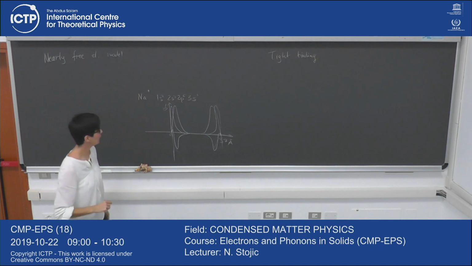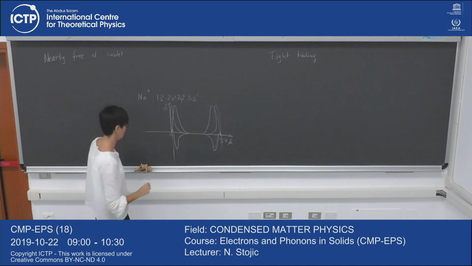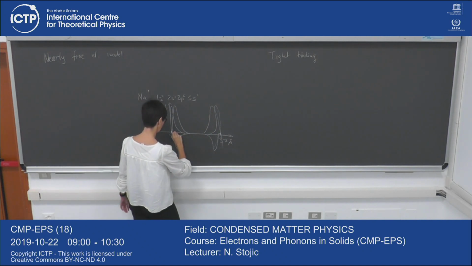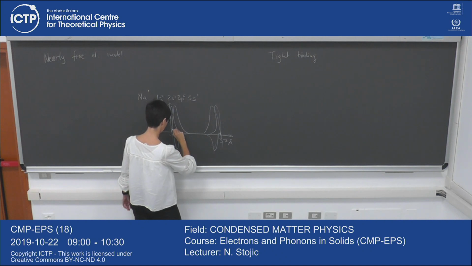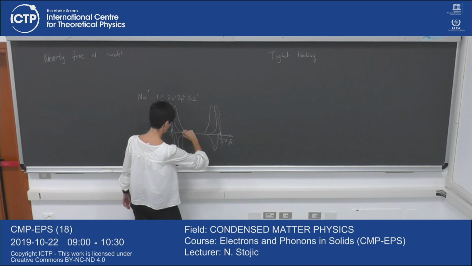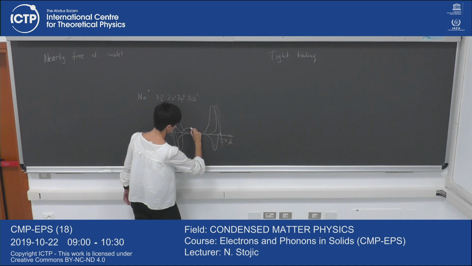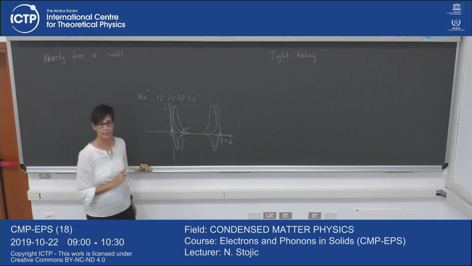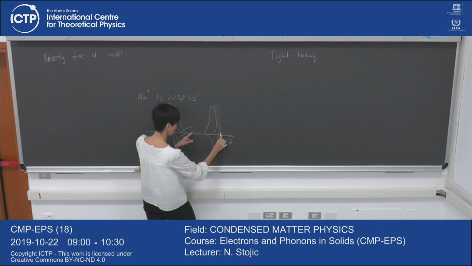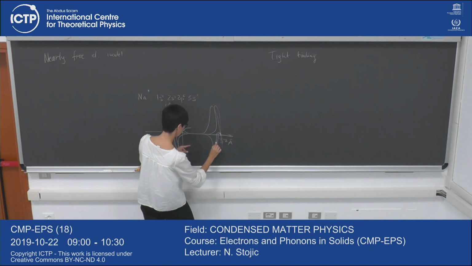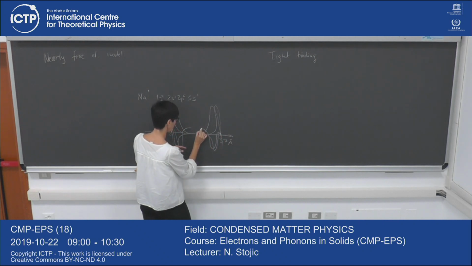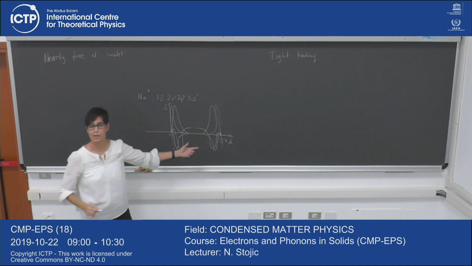Something of that type. And then the 3s will have two nodes. It will do something like this. And then here it doesn't have time to decay, because from this side it will overlap with the wave function from the other side.